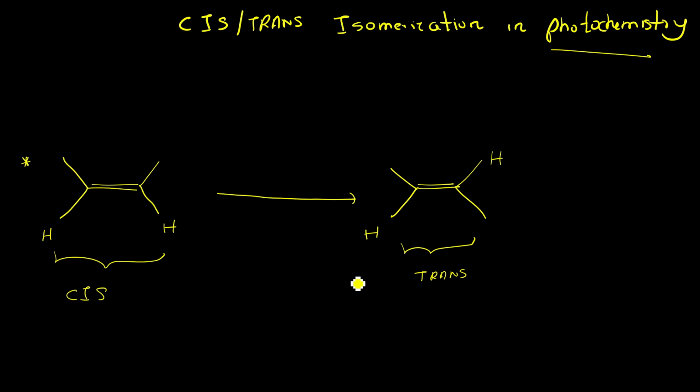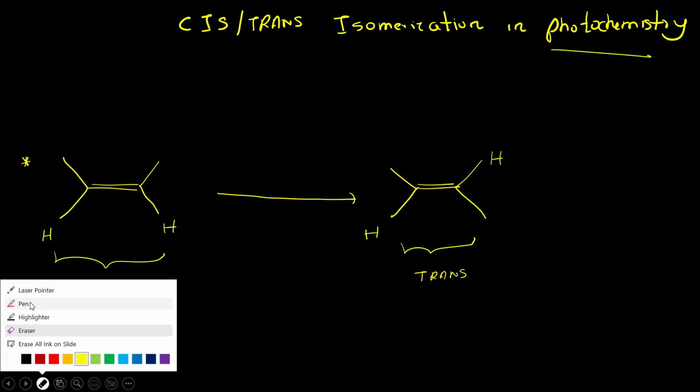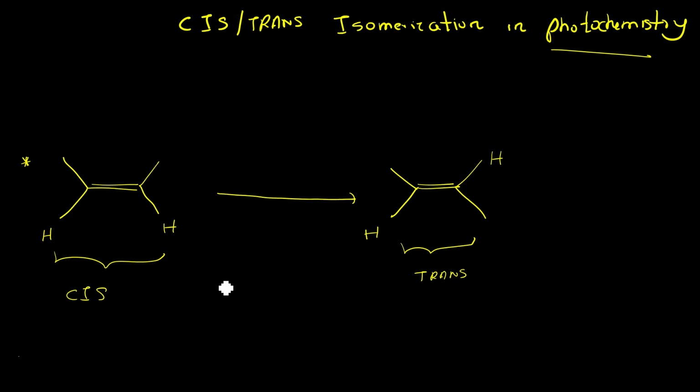Right? Now in order to go from here to here, from our basic organic chemistry knowledge, let me draw it separately. Okay, let's take this molecule here. This is the alkene, so this is the sigma bond.